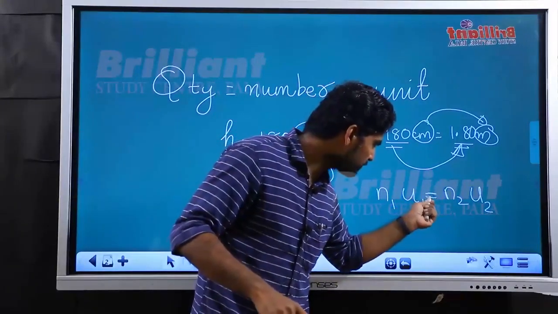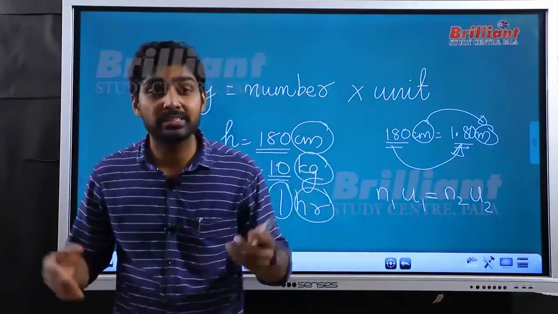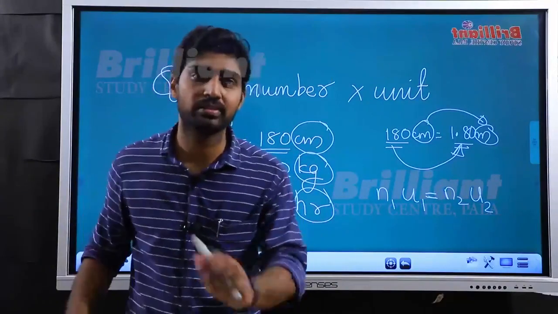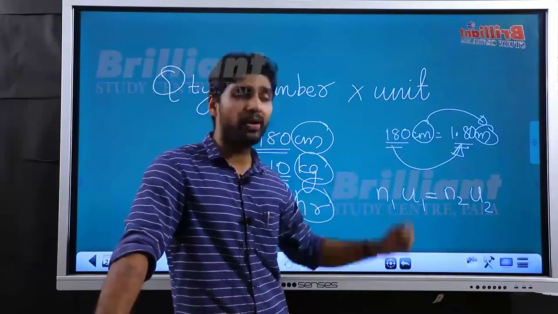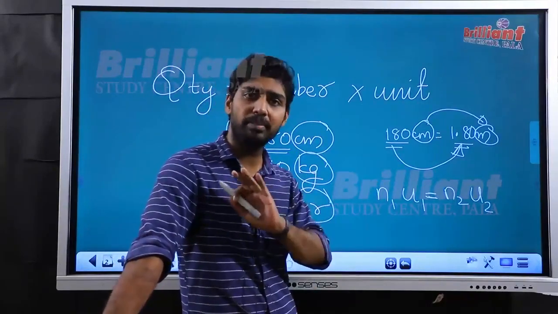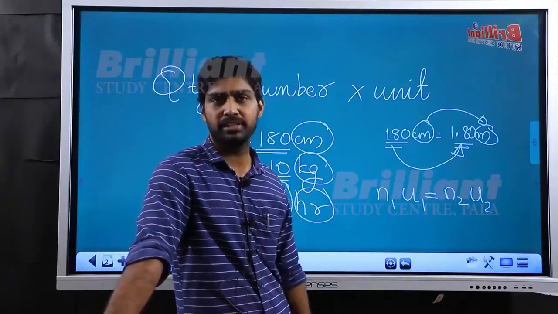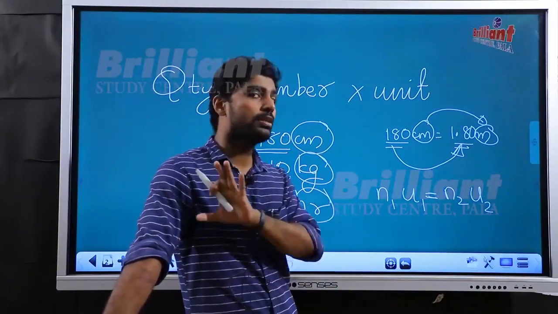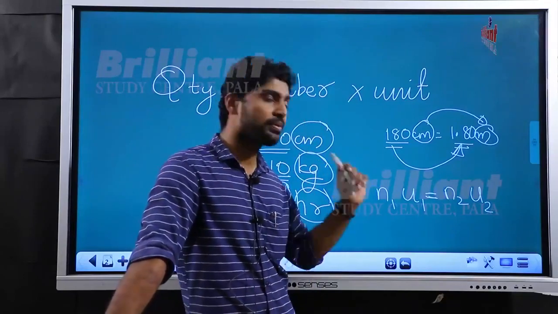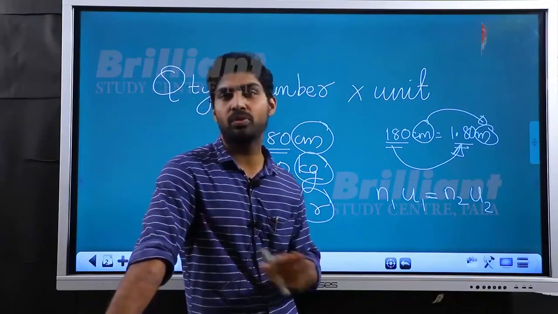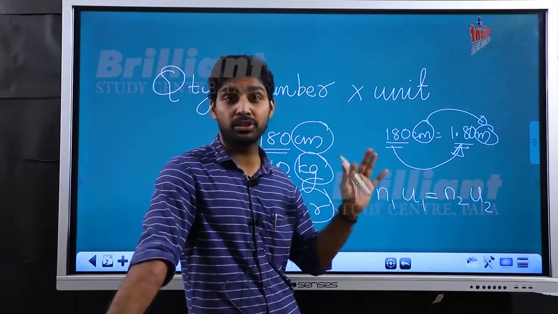What is the significance of this sign? Because even though I am going to convert the units, I am not going to change the physical quantity, because whether it is 180 centimeter or 1.80 meters, both are meaning the same thing. My height is 180 centimeter. So when we change the units, the physical quantity will not change. So that is one important principle that we are going to use throughout our life, conversion of units.